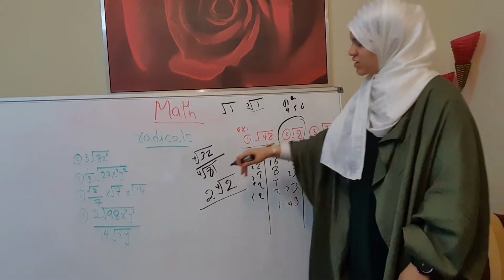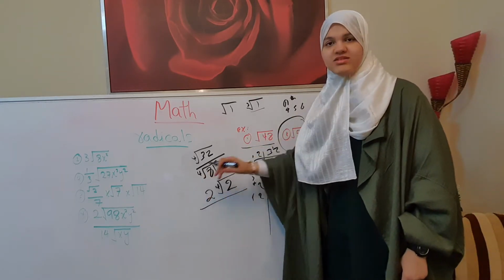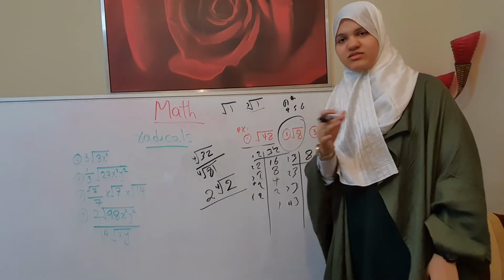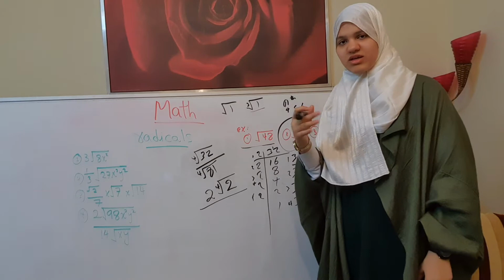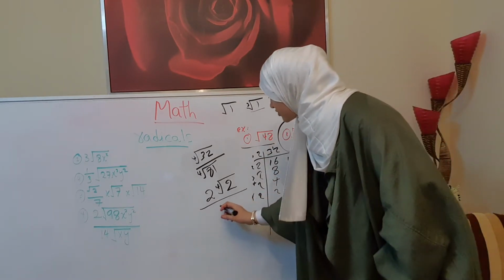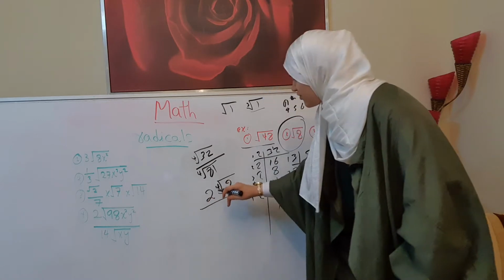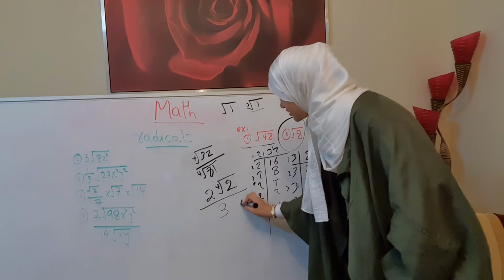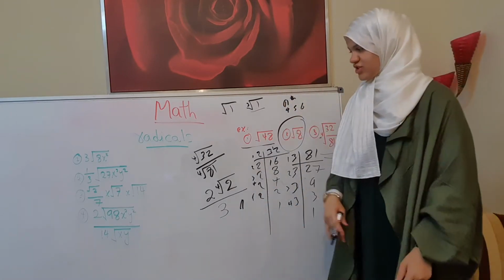That means the index is 4, and that's right. You can see that 3 times itself 4 times is equal to 3. That means what we have here is 2, the fourth root of 2 over 3. This is the final answer for this question.